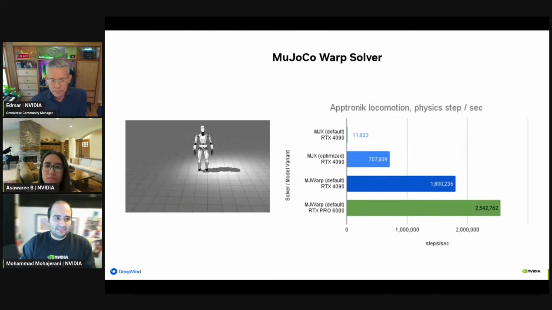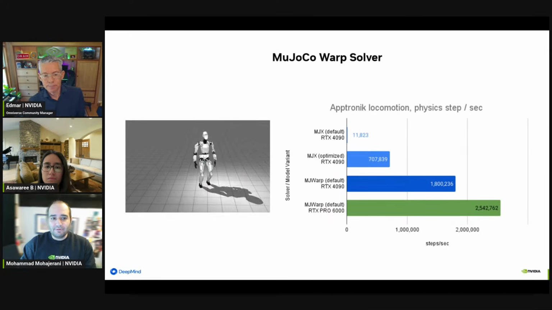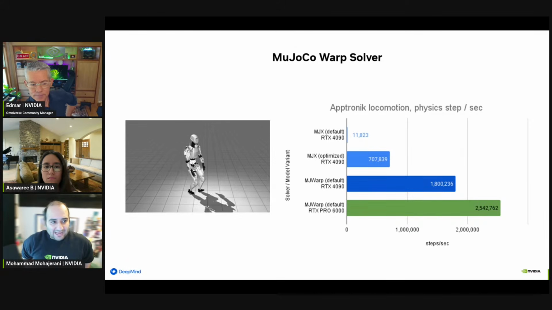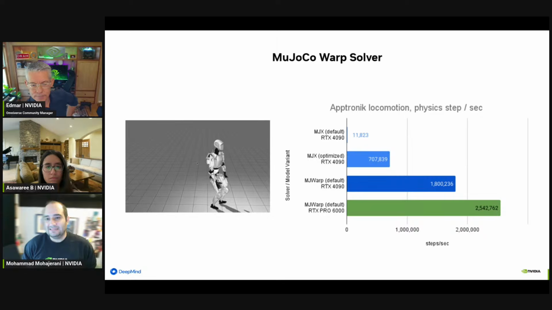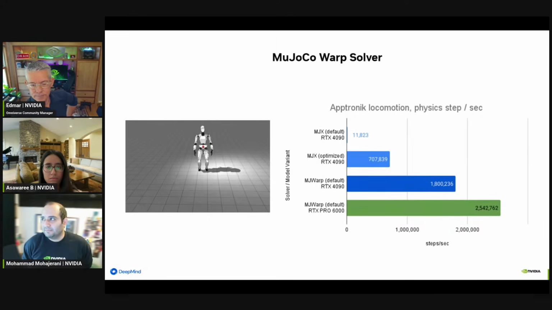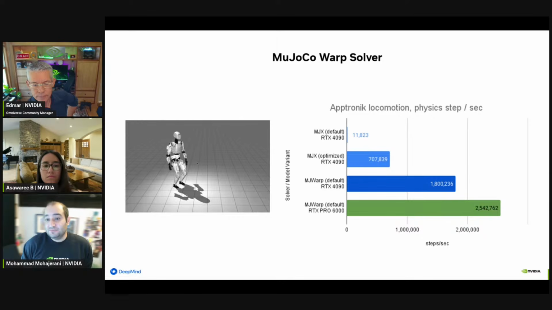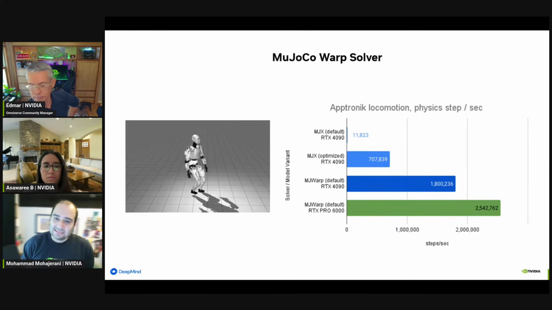I'd like to talk a little bit about MuJoCo Warp. If you have used MuJoCo, you know that MuJoCo published MJX, which is a GPU accelerated version of MuJoCo based on JAX.